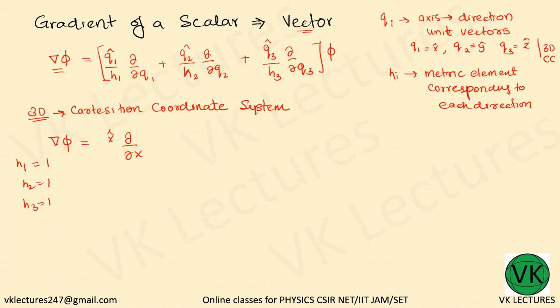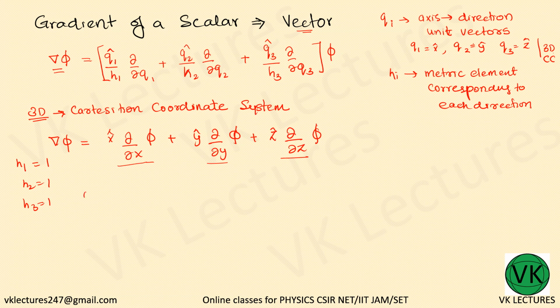This is for the Cartesian coordinate system. So x cap dou by dou x of phi plus y cap dou by dou y of phi plus z cap dou by dou z of phi. So this is the x coordinate, y coordinate and z coordinate.